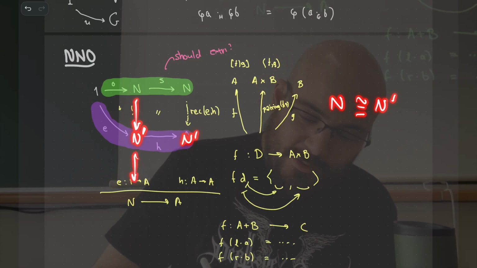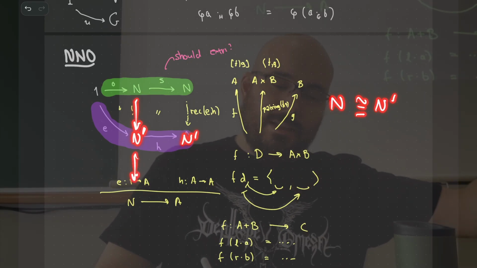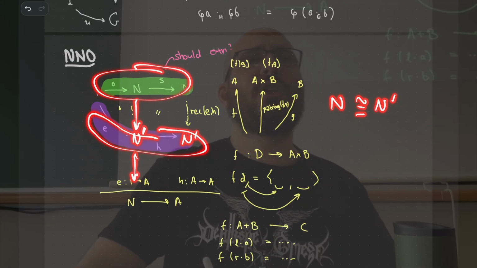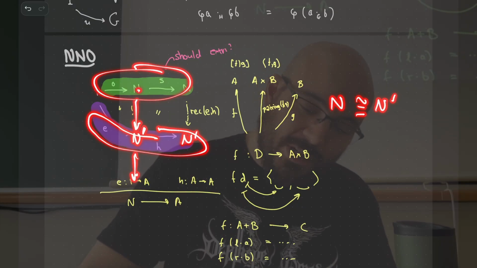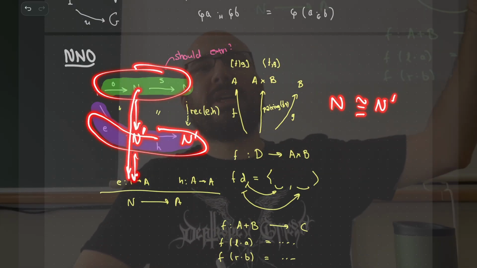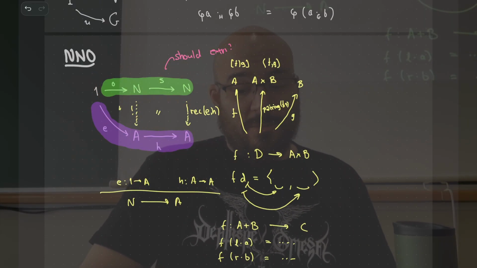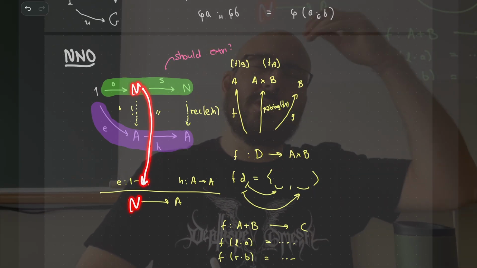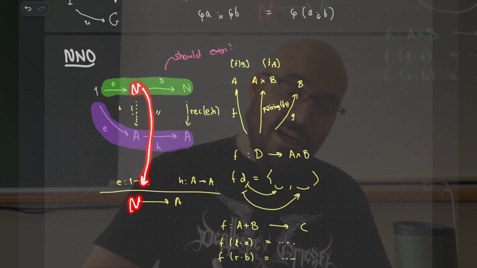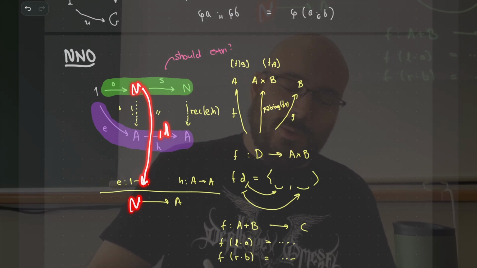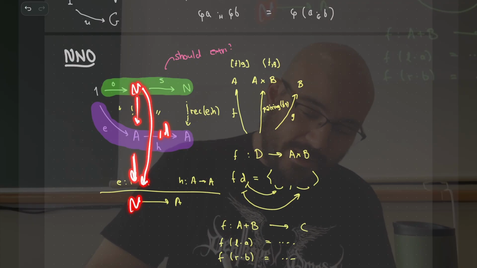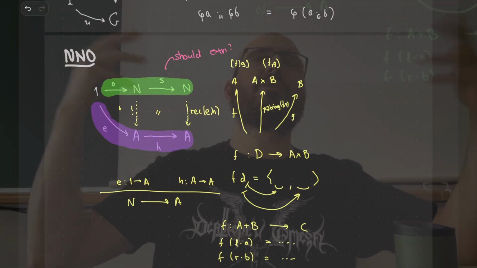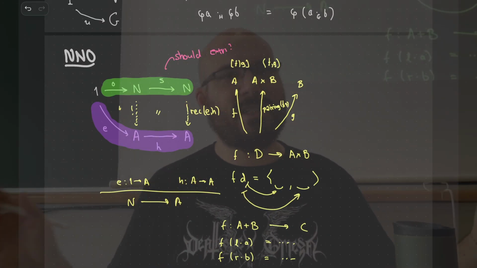Pretty much you will use once the fact that this is a natural numbers object, and once the fact that that is a natural numbers object, so this composition will be the unique one that makes things commute. But you also have a different arrow from N to N that makes everything commute, which is the identity, so it means that this composition after this will be the identity. It's exactly the same thing we did proving the uniqueness of products or coproducts. It's exactly the same thing.